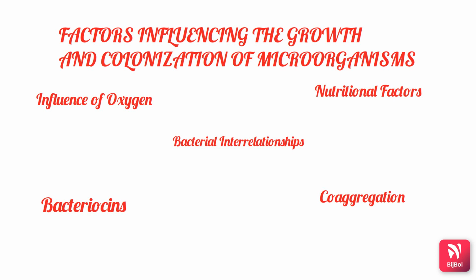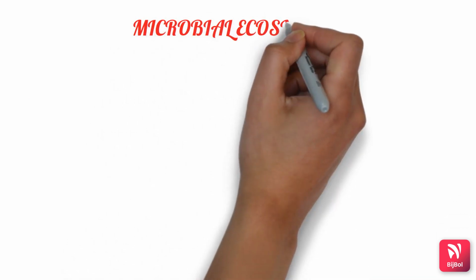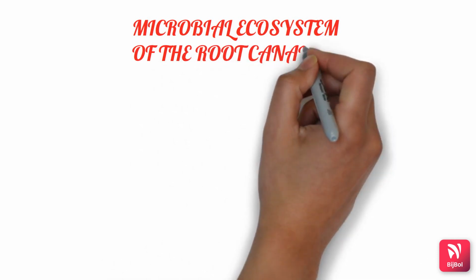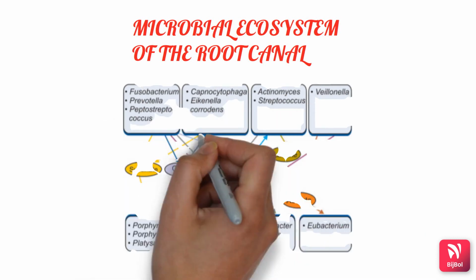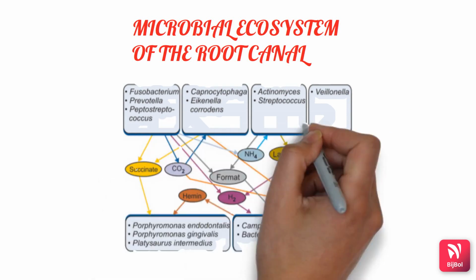And the microbial ecosystem of the root canal, if you see, the microorganisms can survive in the environment of low oxygen tension, and can survive on the limited nutrients which are found in the root canals.